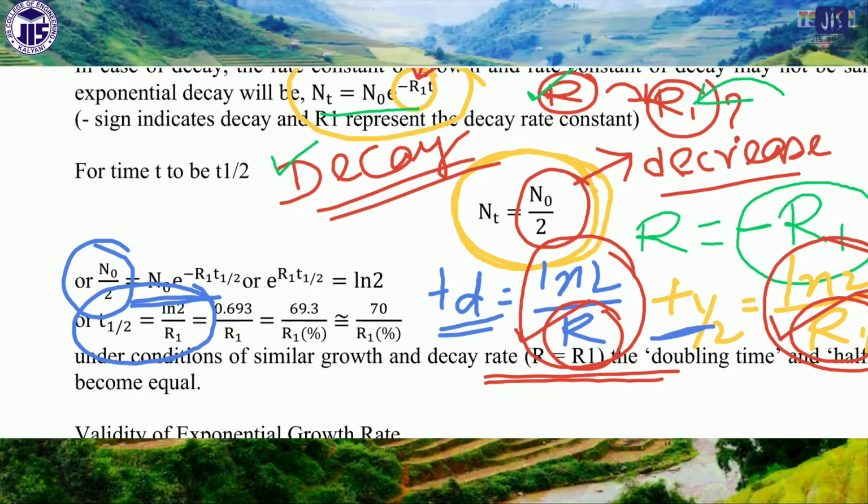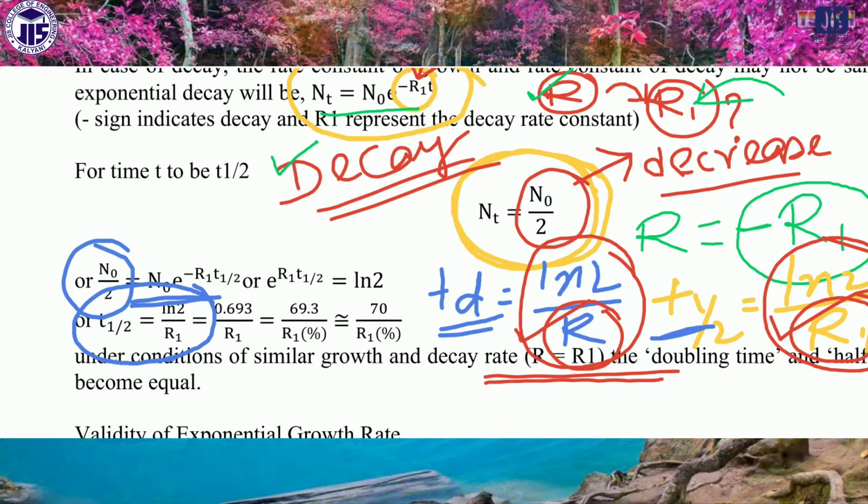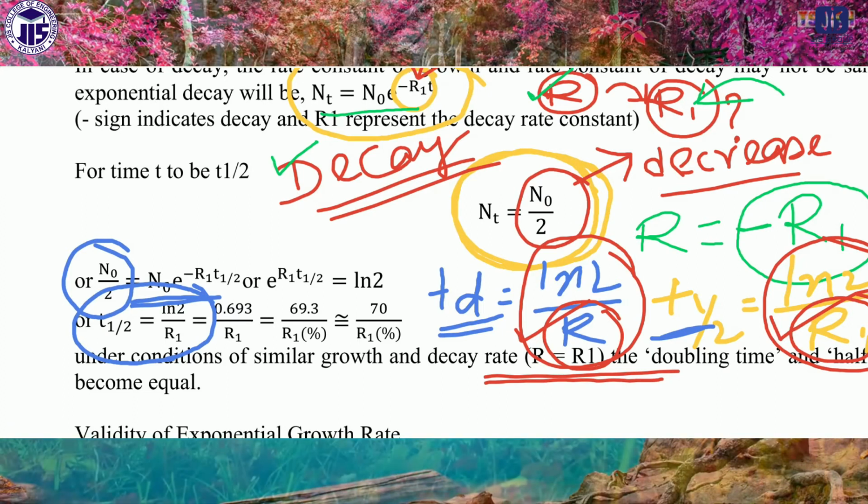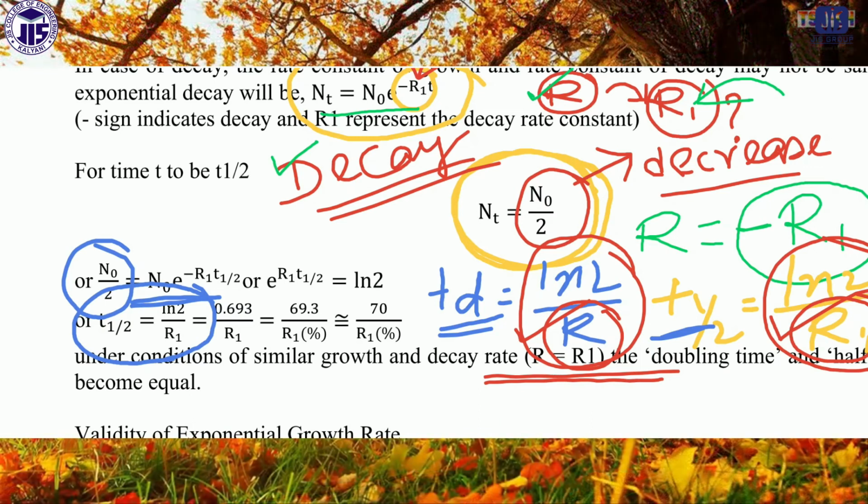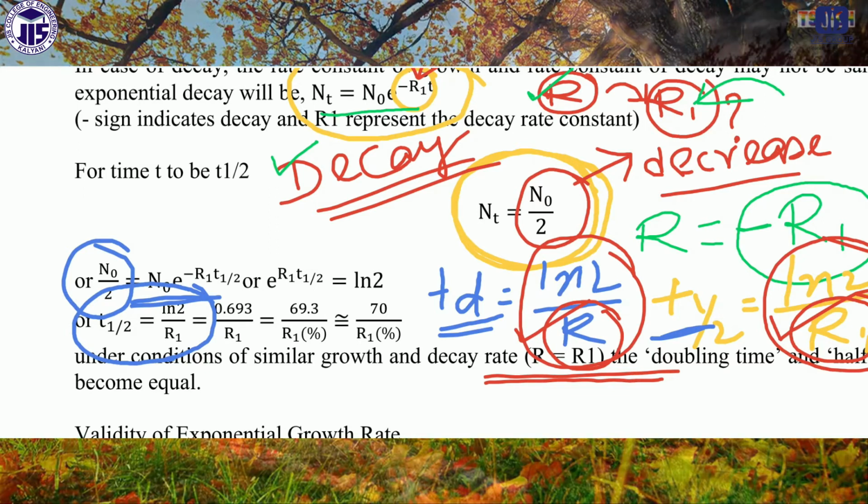So you have to keep in mind, if you face a question asking what the relation is between TD and T half, or between the half-life time of population and the doubling time of population, then you have to show these two equations.